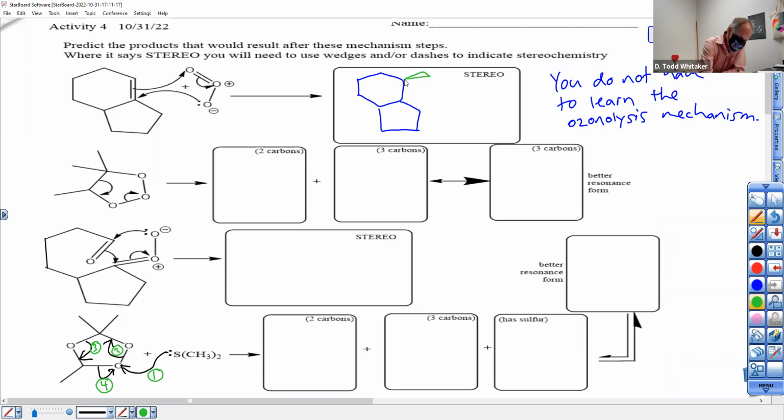So there is one of the bonds. Here is the other new bond. And what are they each connected to? In fact, I'm going to add this to my question too. Normally, I don't ask you to show all lone pairs, but it's a good exercise.